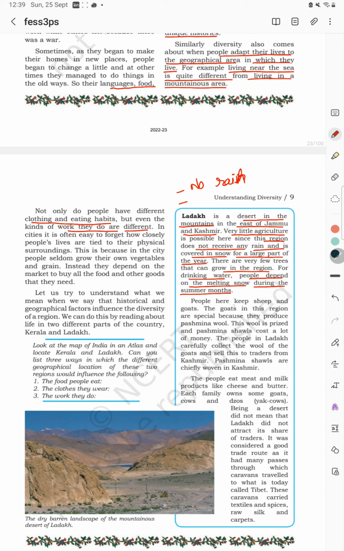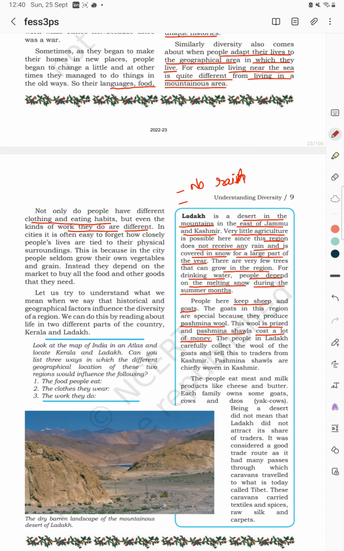So people here keep sheep and goats. The goats in this region are special. Why special? Because they produce pashmina wool, which is very warm. So this wool is prized, and pashmina shawls cost a lot of money. Now, why is this wool so costly? Because this wool is best for the cold desert area, and it helps to keep the people warm in the winters or in the cold weather.